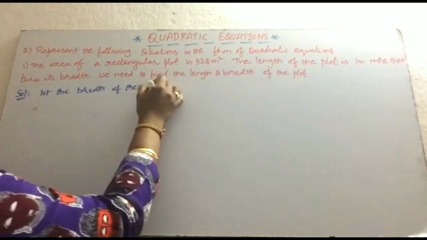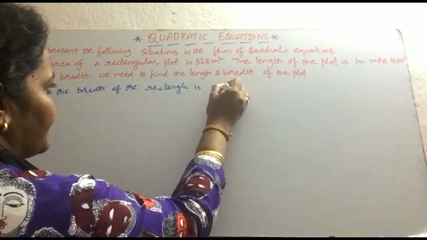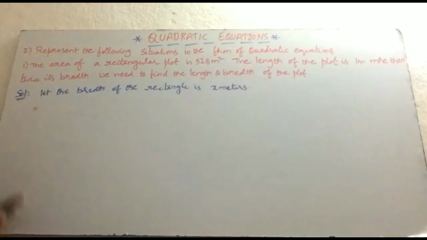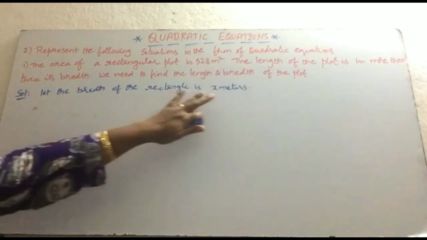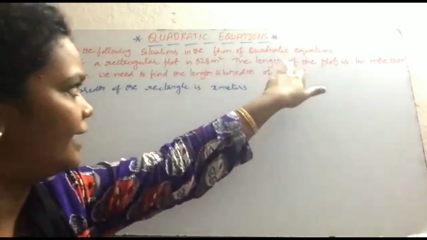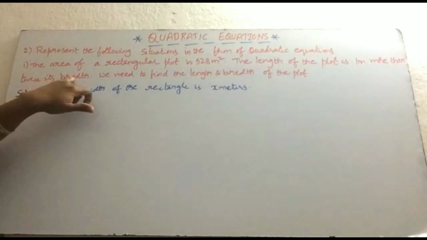First, let the breadth of the rectangle be x meters. Now, the length of the plot is 1 meter more than twice its breadth.